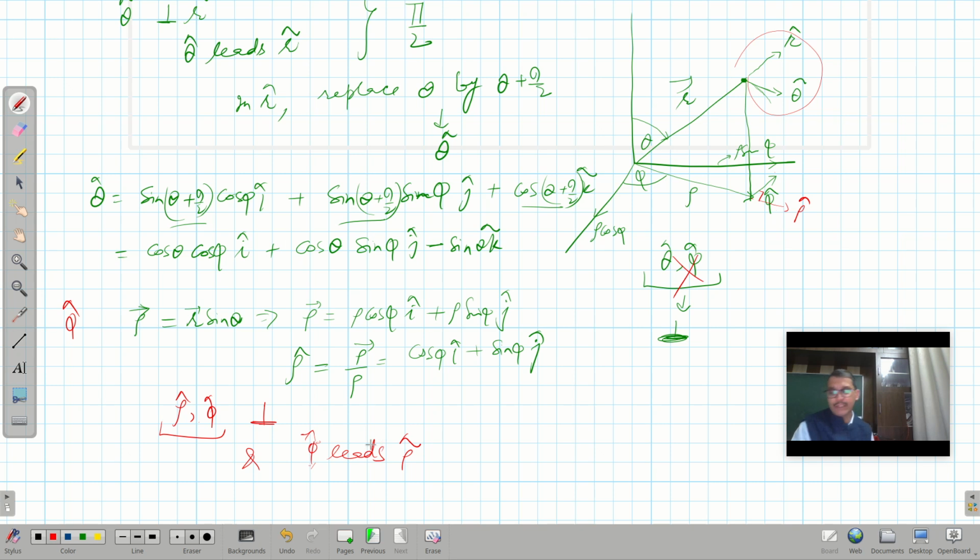It's a very simple trick I'm using. In rho cap, I change phi to phi plus pi by 2, and I will get the expression for phi cap.